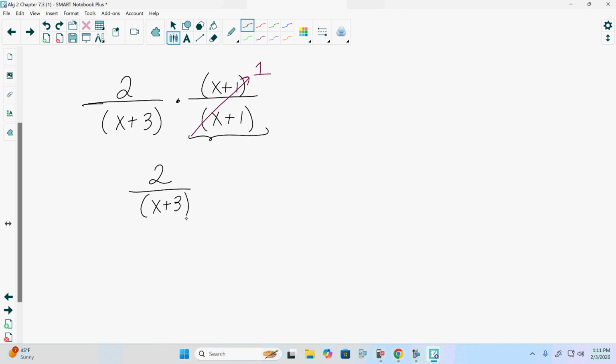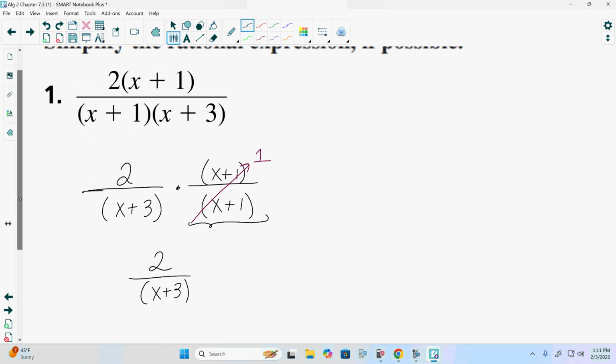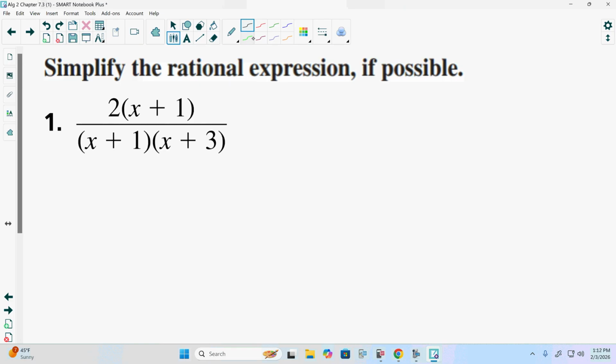Now, really, from here on out, we're not going to do it this way. I show you this to show you, okay, if it's multiplication, we can put the like terms on top of each other in one fraction. They will reduce to 1, leaving us with the non-like terms. At this point here, we're going to say these two simplify out, they cancel out, they simplify to 1, leaving me with 2 on top and x plus 3 on bottom.